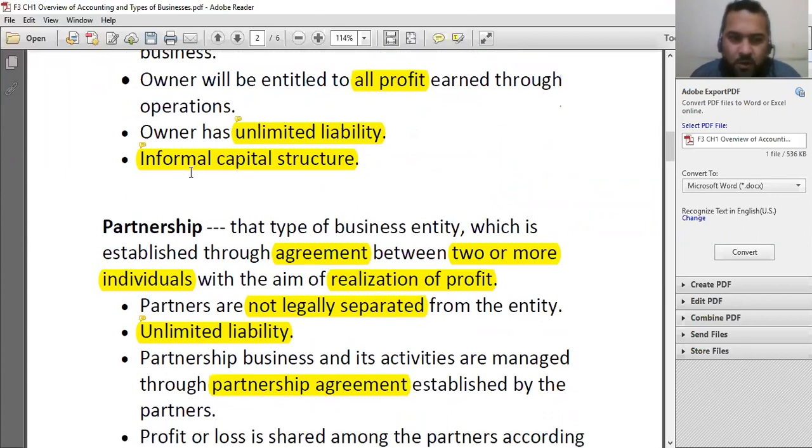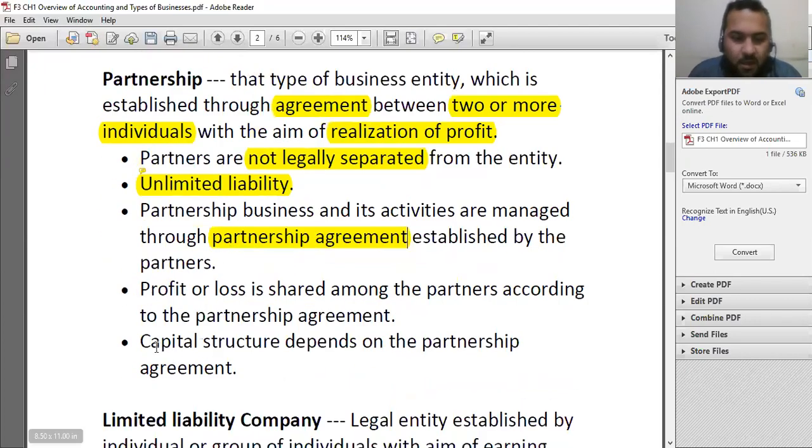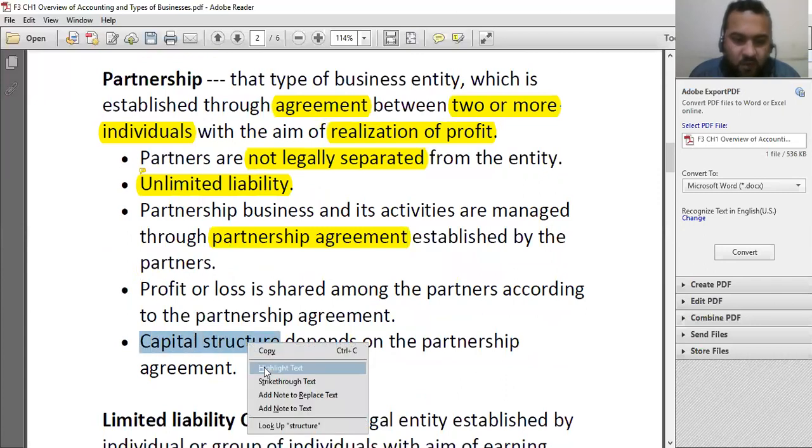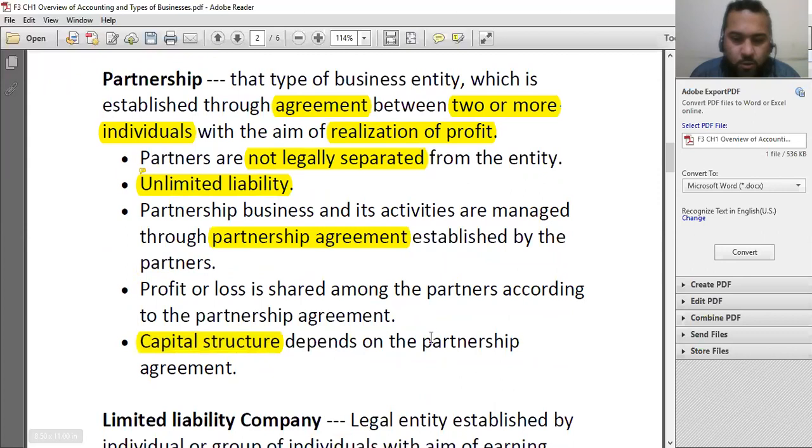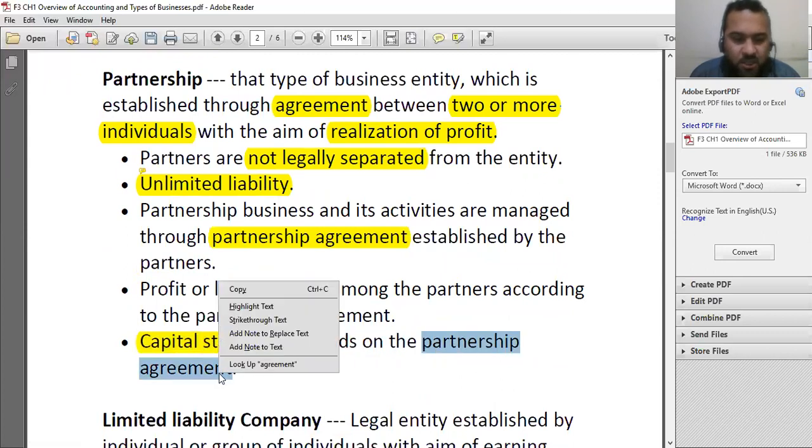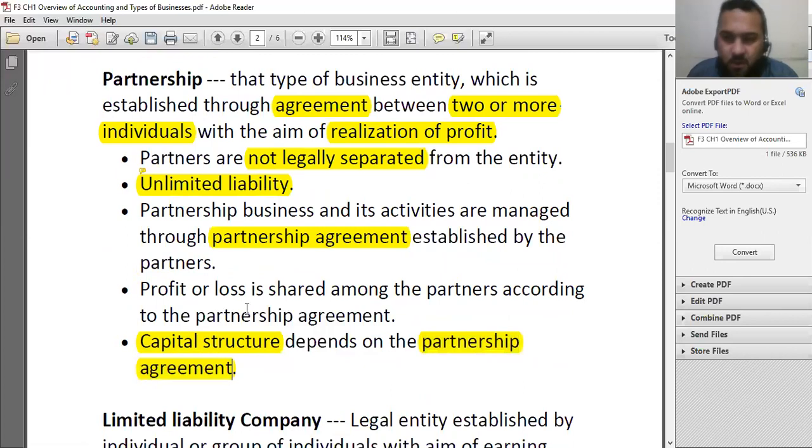But in the partnership, it will not be like that, that any partner can come or leave anytime, or withdraw or invest money anytime. So how will the investment be managed in the partnership? It will be mentioned in the partnership agreement who will be the owner, who will be the partner, who can join the partnership, who can leave the partnership, and what we will do if someone becomes ill or dies. So the capital structure depends on the partnership agreement.